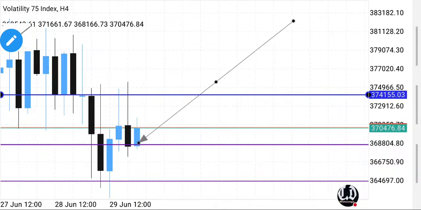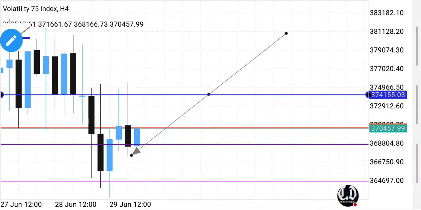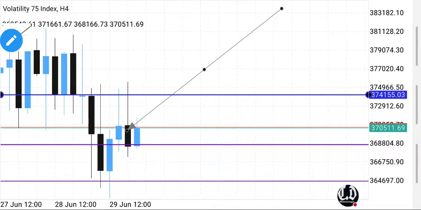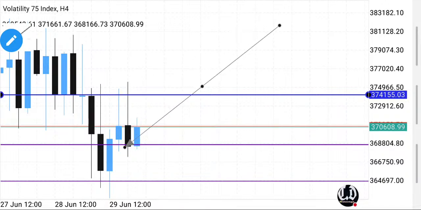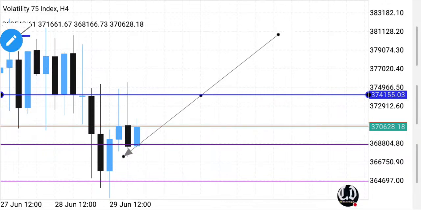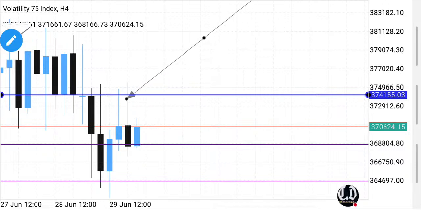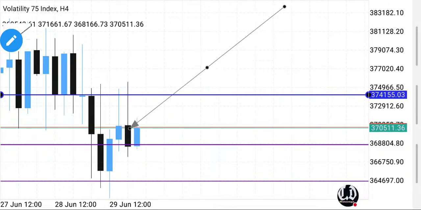If this H4 closes below this candle here, guys, we are going to execute. And if this H4 candle had closed without a wick, or maybe with 80% of the body, I was going to execute here, because this would be like a hammer.